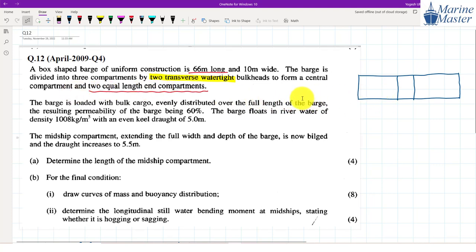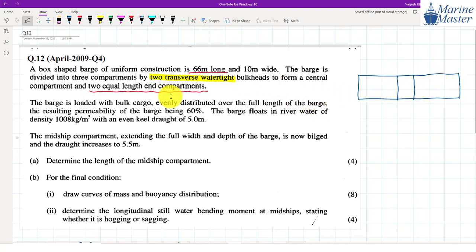Observe here carefully. Anyone have any doubt till now? So the length of the end compartments is the same, but the central compartment's length is not the same, guys.